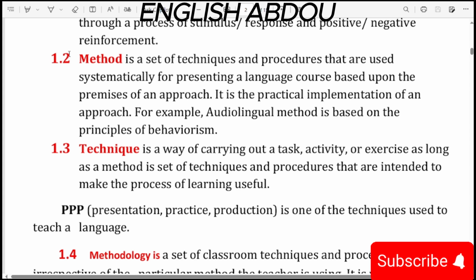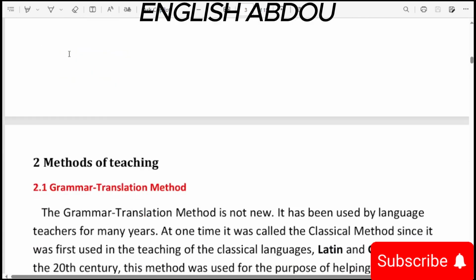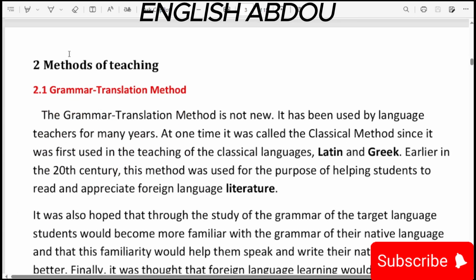Okay, this is method. But we cannot depend only on one method and say this method is effective and the only one that can suit this situation or another situation.